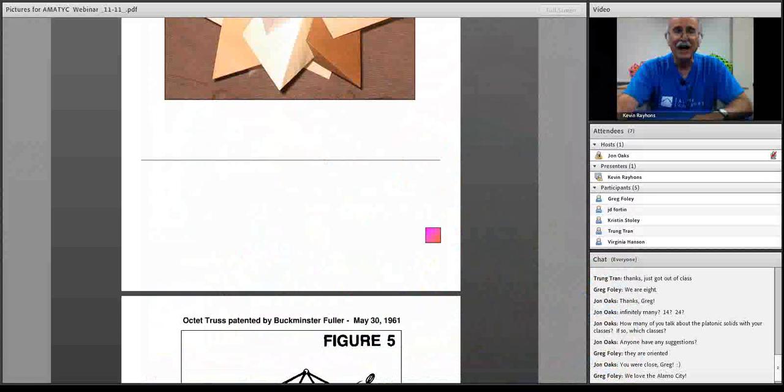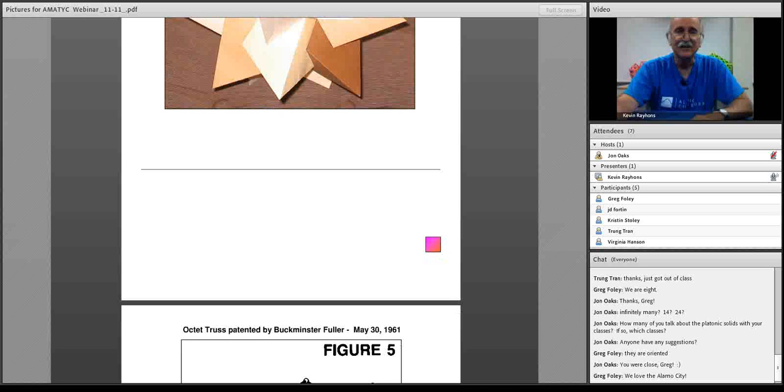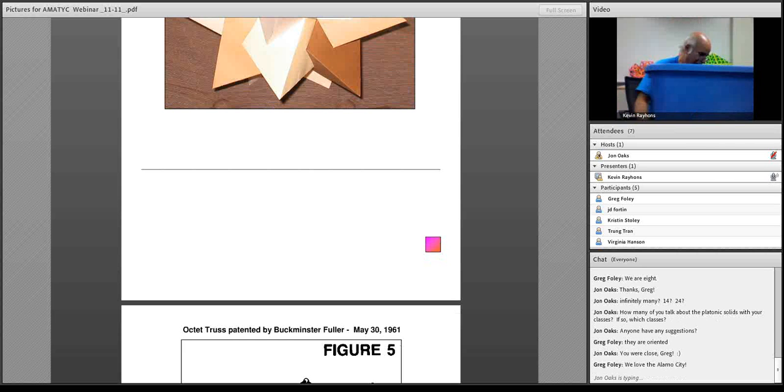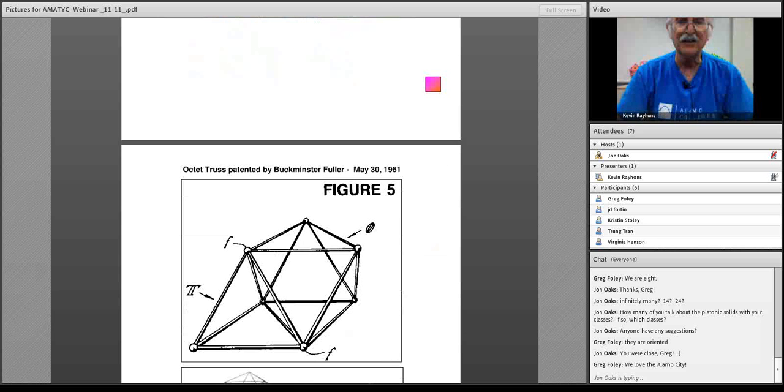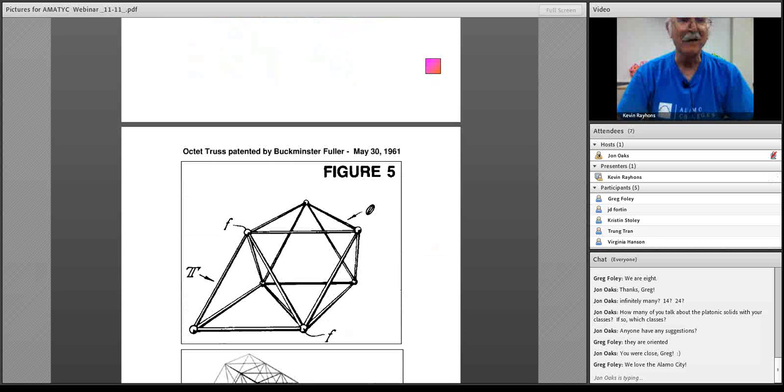There, I'm back. So, I thought that I had discovered this all by my little old self, but I discovered finally when the internet came in and I could do some Googling that a man named Buckminster Fuller had a patent on that.